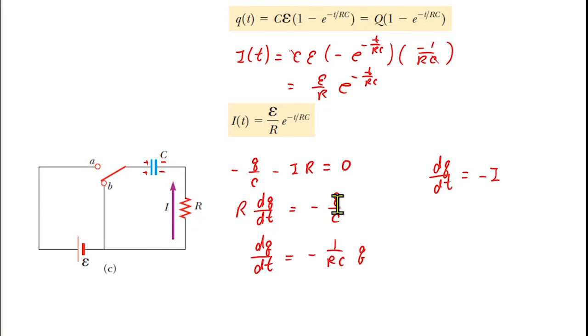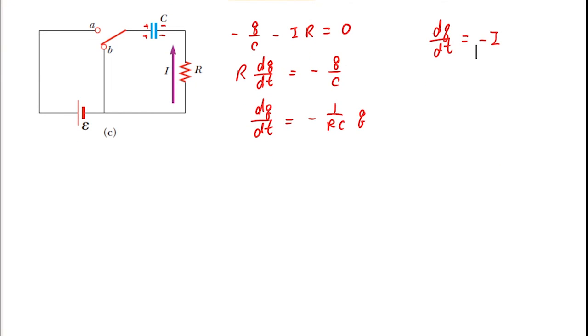So instead of thinking like that, I like to think like this, right? The change of charge here has to be opposite to the negative of this. So this is an exponentially decaying function because the charge in the capacitor has to decrease. You know what I'm saying? That's the easiest way to think. Otherwise, this can get really confusing.